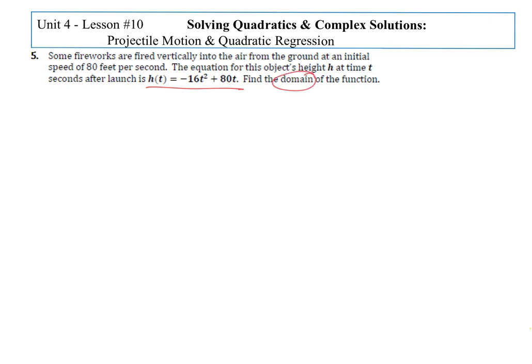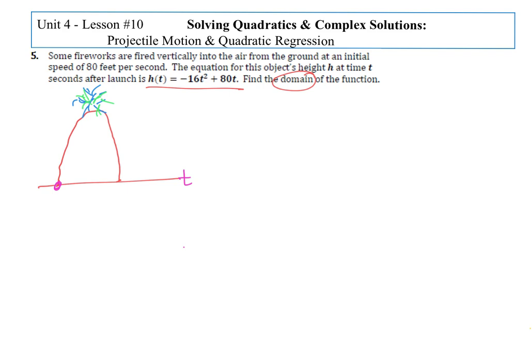All right, so we have the ground here, some fireworks were shot in the air, and they're going to land back on the ground. When they were at their highest point, I'm sure they looked pretty. Let's make them pretty. And we want to know the domain. So again, changing colors here. Domain means our x's, or our t's in this situation.